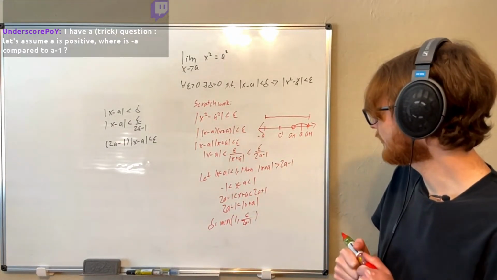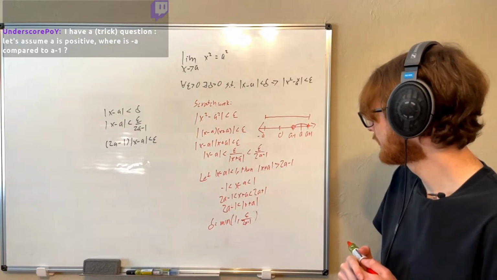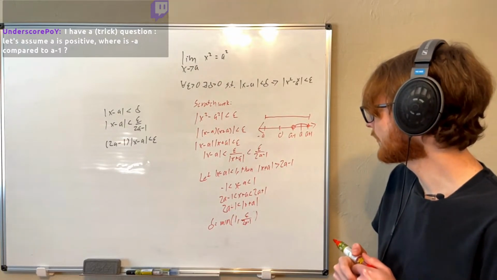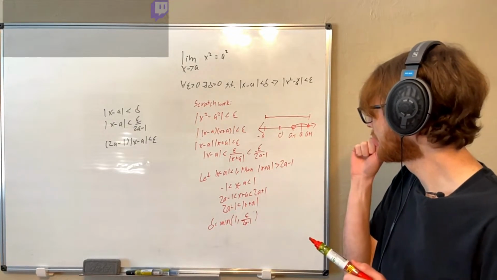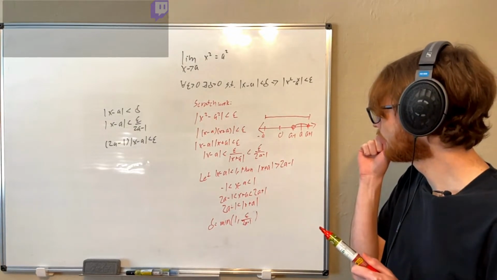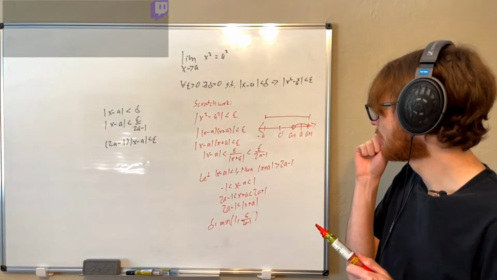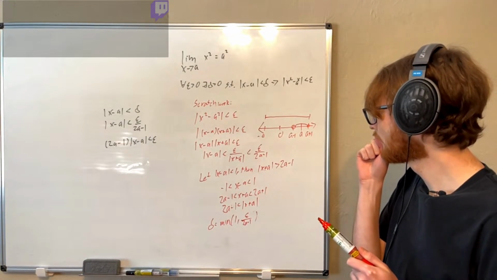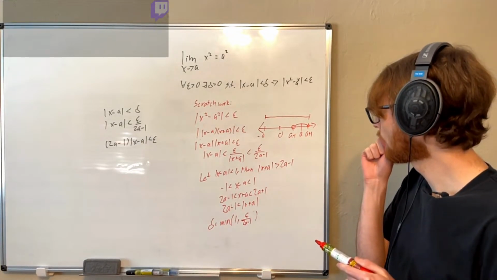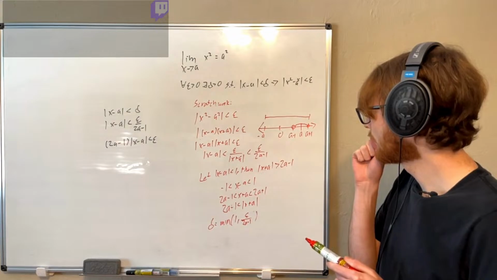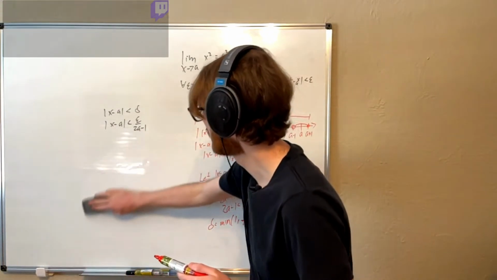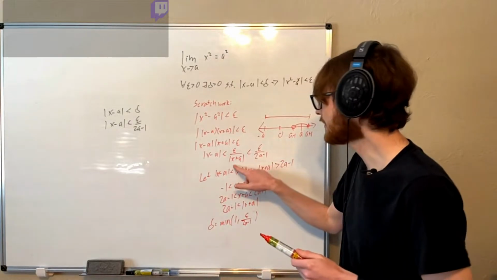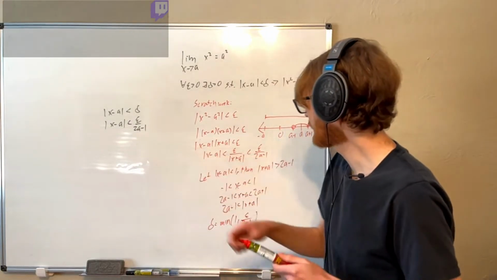But I feel like the inequality is going the wrong way now, for some reason. Like if I said this here, why can't I say the same thing over here?